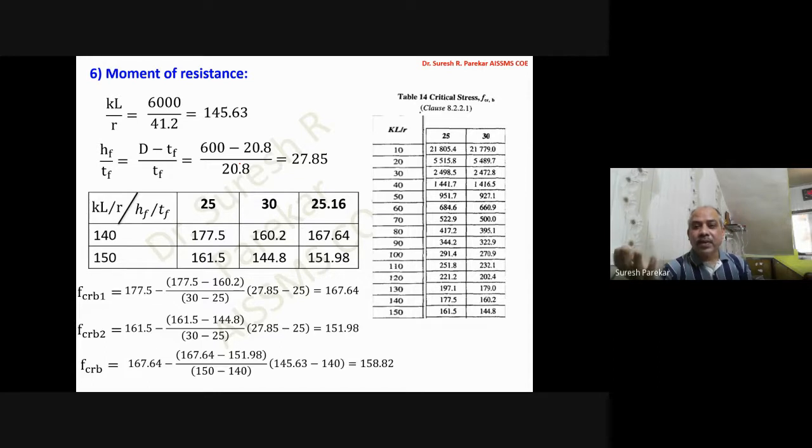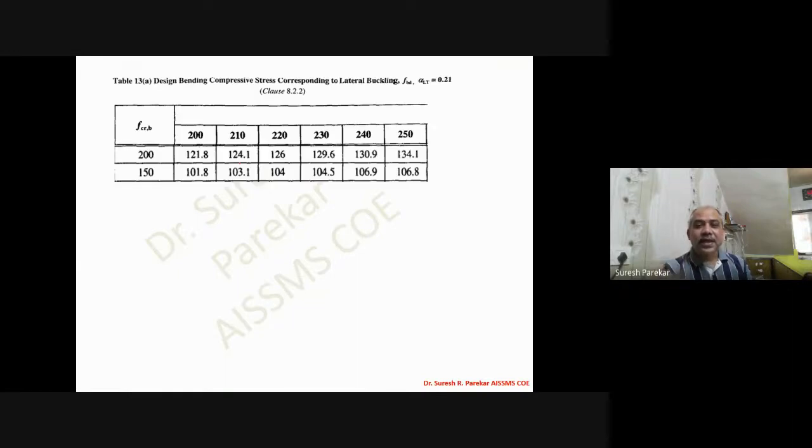Then what will be your value of FCRB? So now here you have to keep in mind, if KL upon r increases, my FCRB value is going to decrease, because as FCRB decreases, only then does my FBD decrease. And here when KL upon r is more, then our value of FBD decreases.